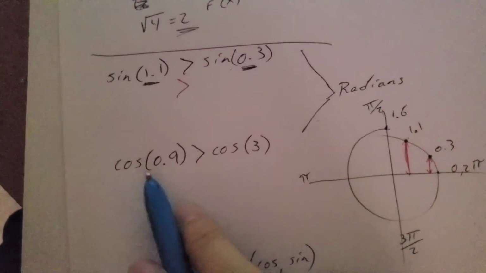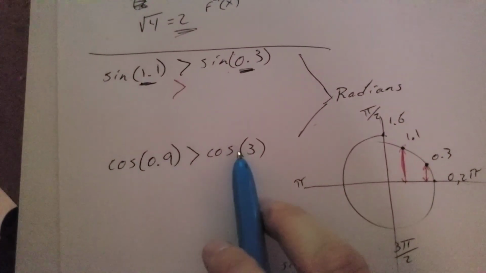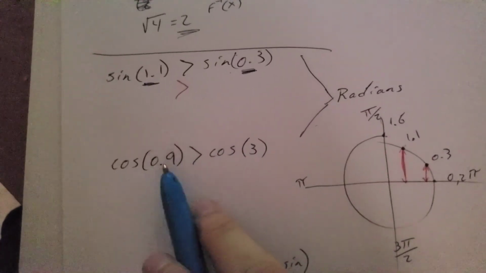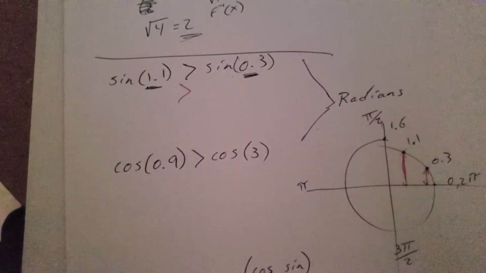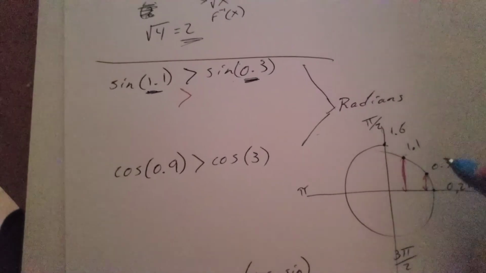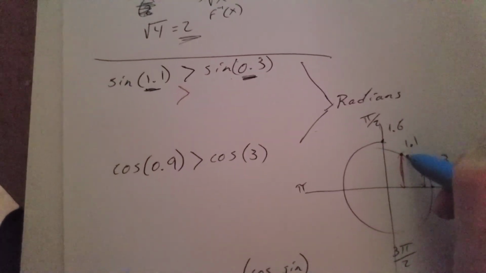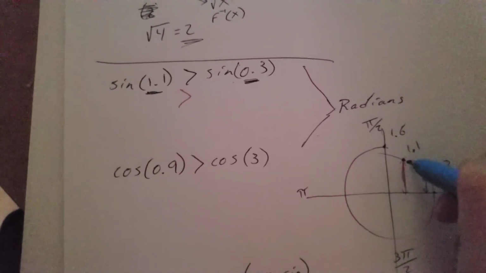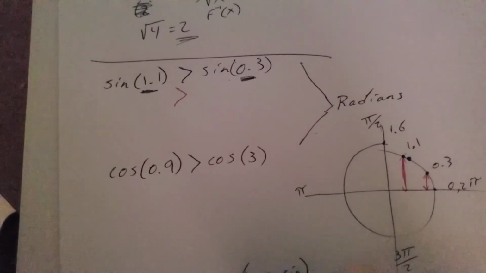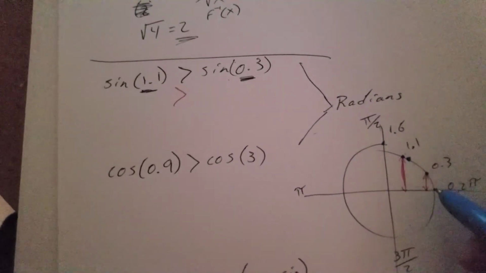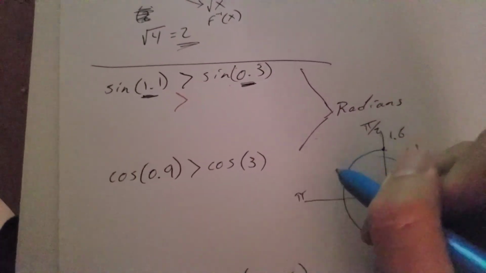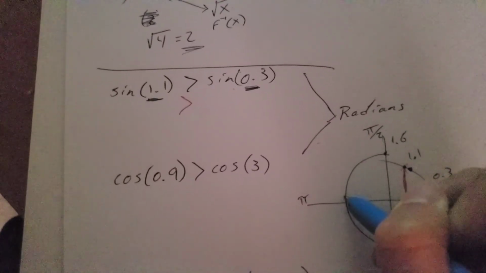Now cosines, they are x values. All right, 0.9. I can use the same circle. Let's change color. 0.9 is going to be somewhere there. It's pretty close to 1.1. Now 3, on the other hand, actually goes over to here.